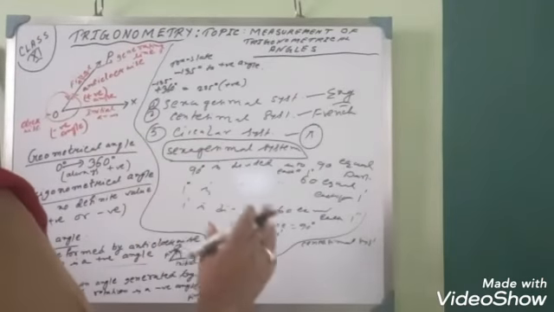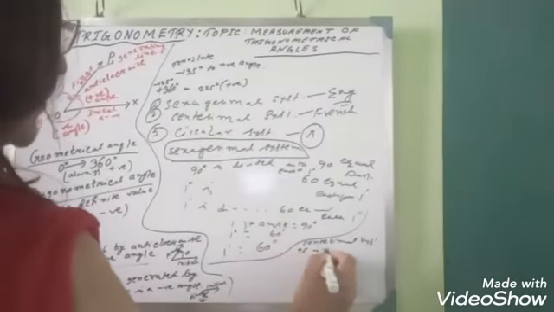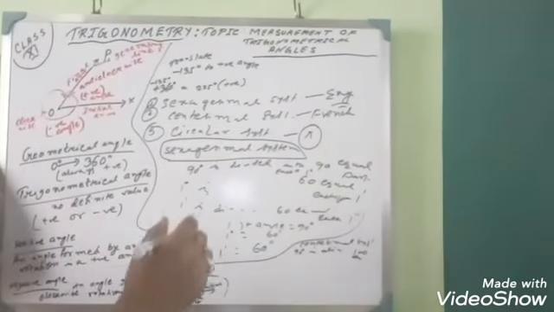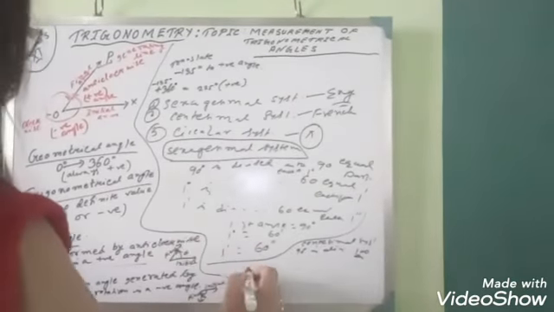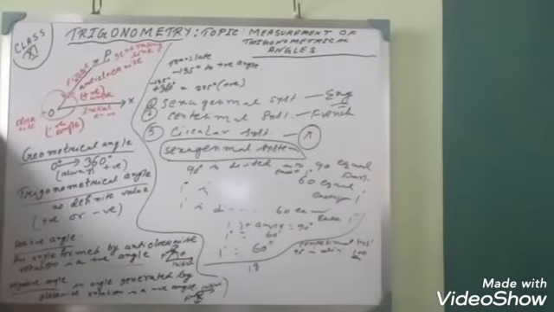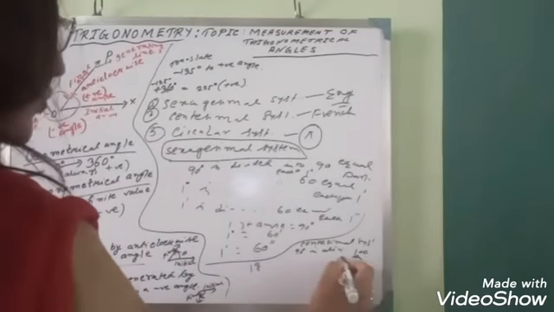So the 90-degree angle is divided into 100 equal parts, and each such part is known as 1 grade. And normally we write this 1 grade in this way.